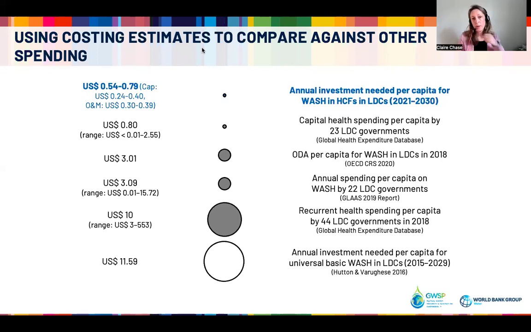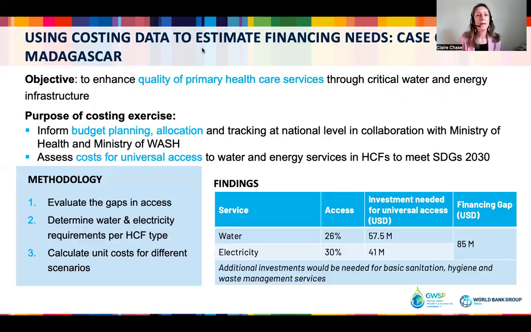So what we've been working on over the past couple of years since this has come out is working with partners to advance on some of those additional analyses so that we can get as much leverage as possible out of this. So let me just give this example of work that was done in Madagascar, building on the Lancet study.